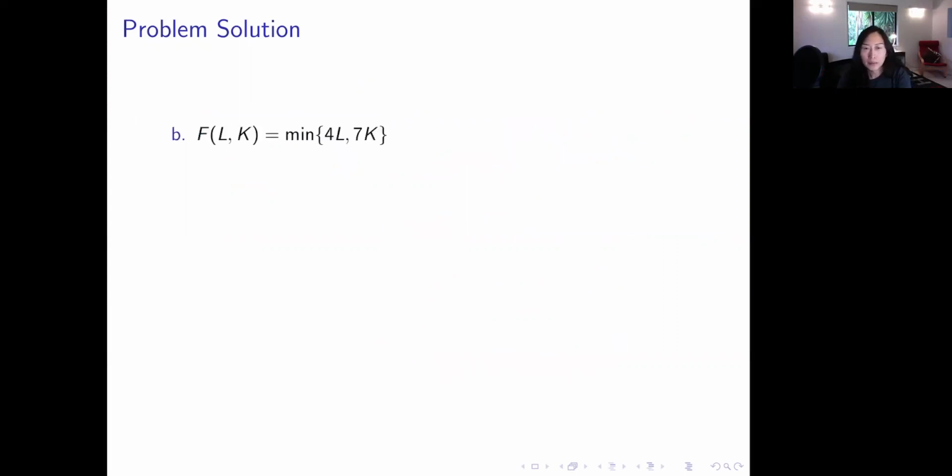For this one, f(L, K) is the minimum of these two numbers, so the output equals the minimum value. Let's say min(A, B).